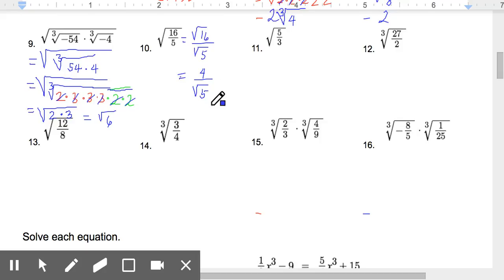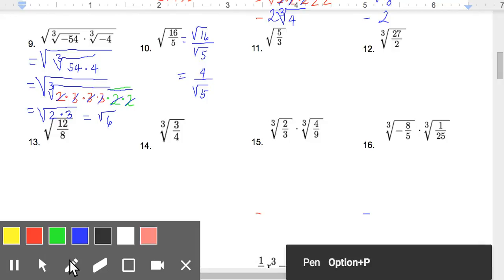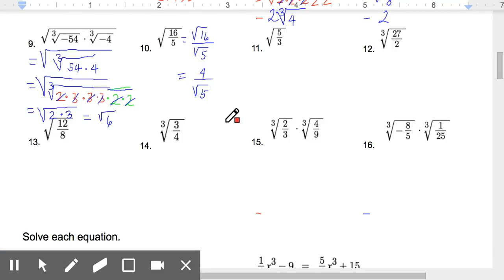We can't simplify this anymore. However, we cannot have a square root at the bottom. Mathematicians want to simplify expressions, and if there's a radical or a square root at the denominator, it is considered not simplified. So what we do is we rationalize.